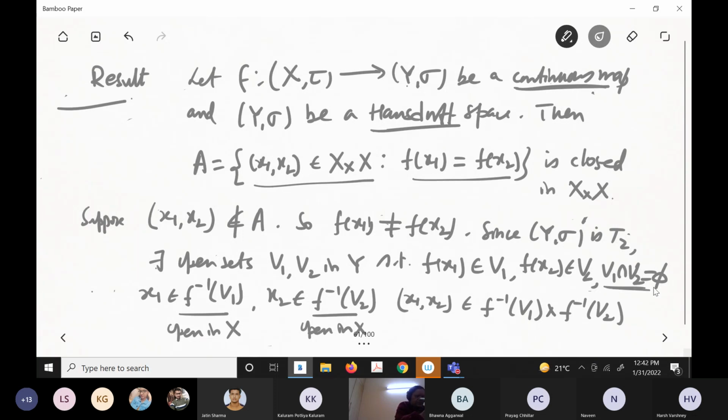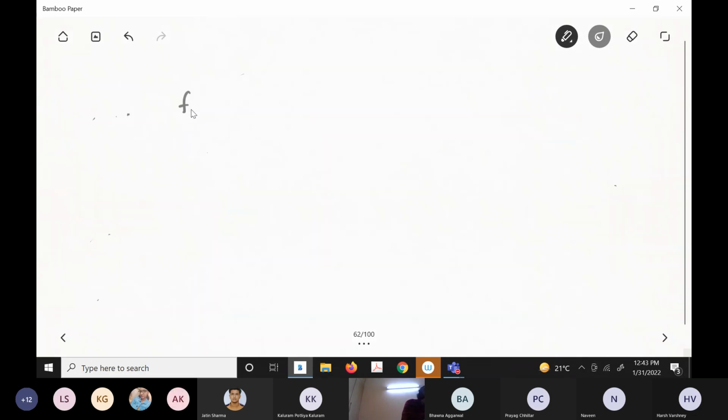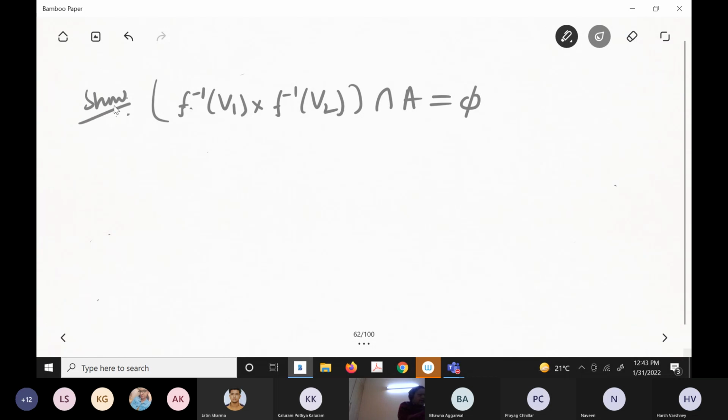I want to show that f inverse V1 cross f inverse V2 intersection A is disjoint. You'll have to show that. Remember, A is this.